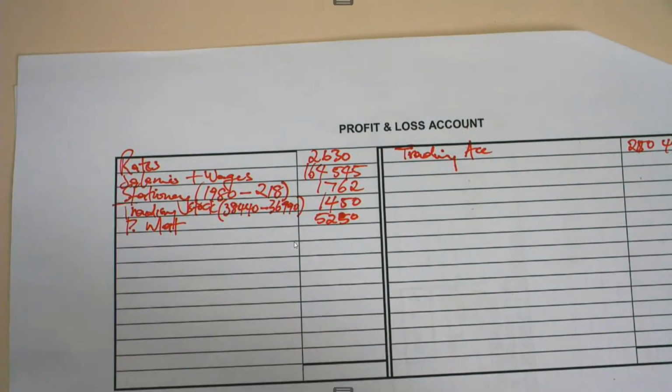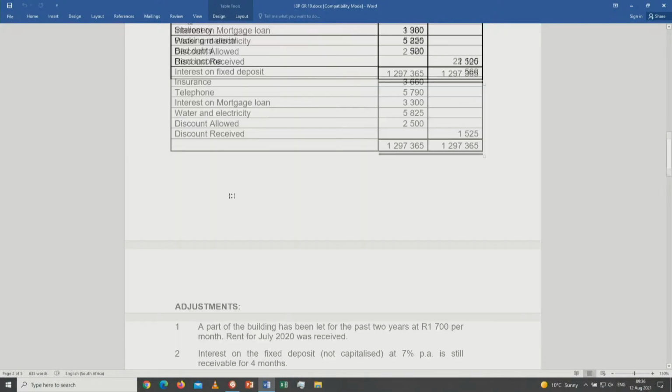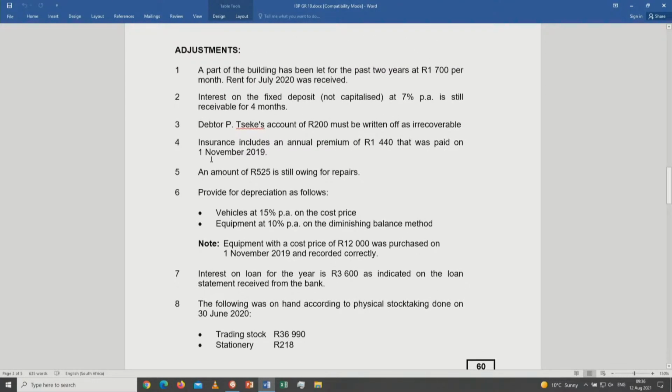Then we go back to our trial balance. It's bad debts. Bad debts is another expense account. Let's check if we have any adjustment regarding that. Look at number 3. Debtor Pitzeger's account of 200 must be written off as irrecoverable. Ladies and gentlemen, when we write off a debtor, our bad debt account will increase.